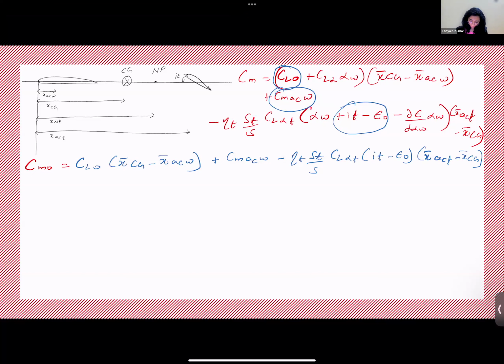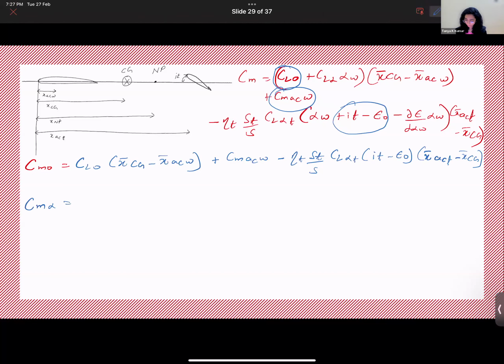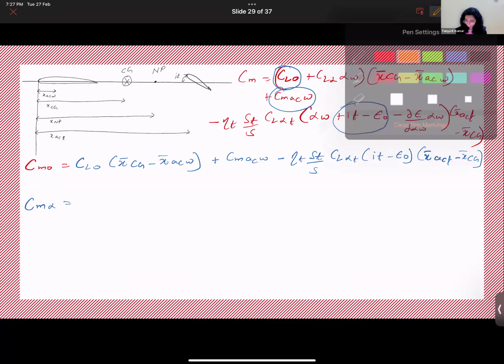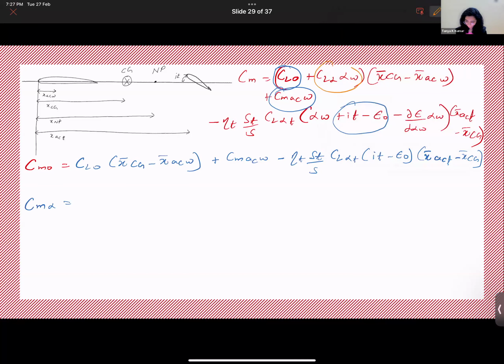All right. So now let's find out CM alpha. The remaining terms, right? Again, let's take another color. This, and this. The terms that depend on angle of attack.